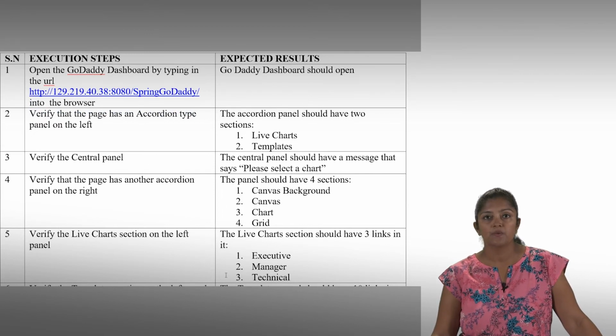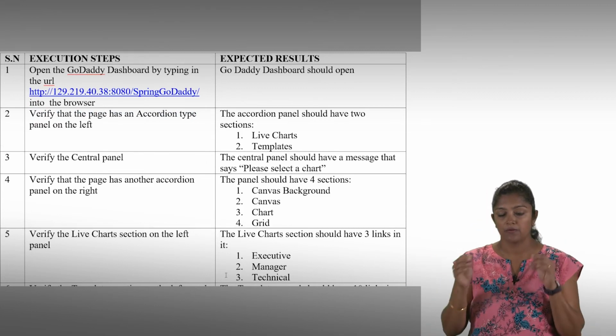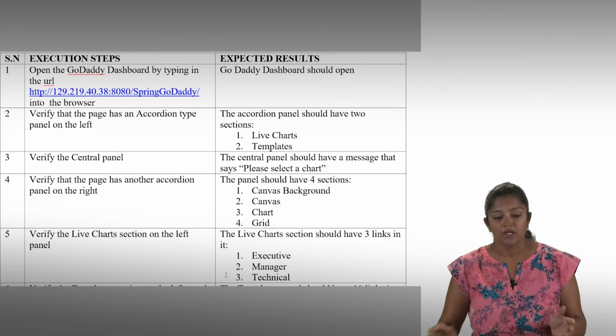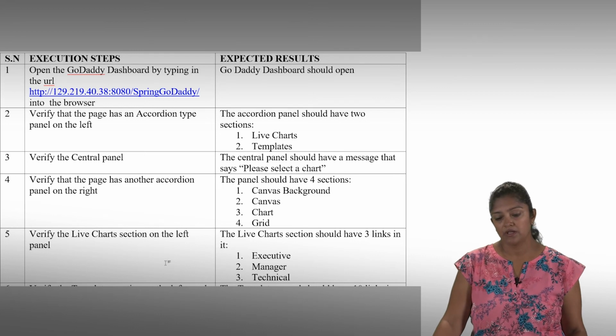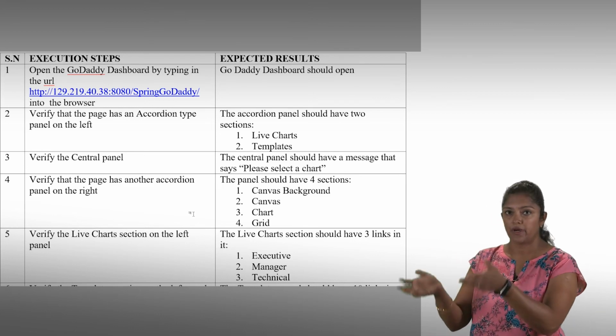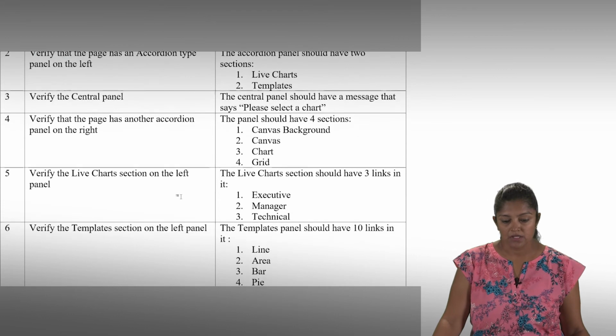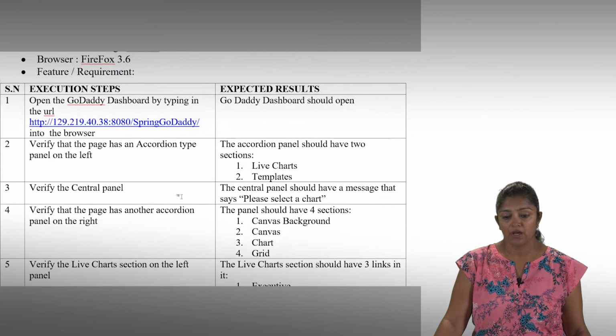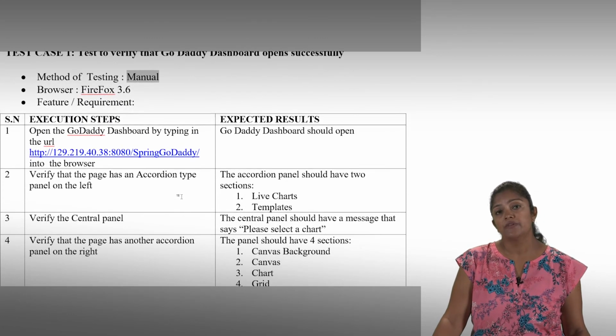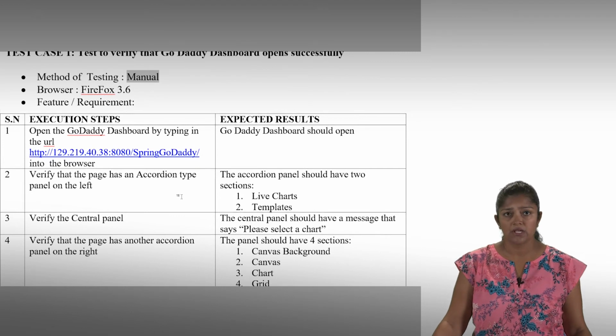So typically this would be the case with software with a lot of user interface, where there are multiple steps, and at the end of each step you want to verify that you're getting the expected result. So this is one way in which you can have all of your test cases. If it's unit testing, then the test cases would be different.